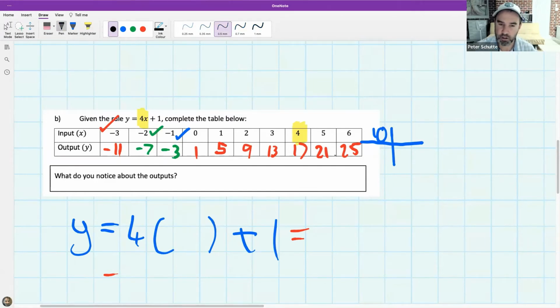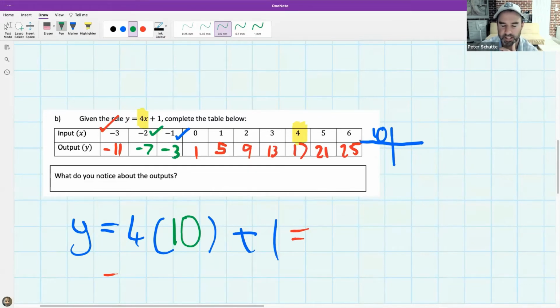Like the shortcut can be used some of the time, but we have to be careful if the number jumps up by more. And what would we get if we had an input of 10 on this question? So if there was a 10 going into our formula is kind of what I'm asking. Yeah. So if there was an input of 10 and the rule was y equals 4x plus 1.